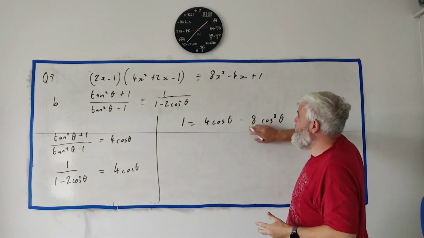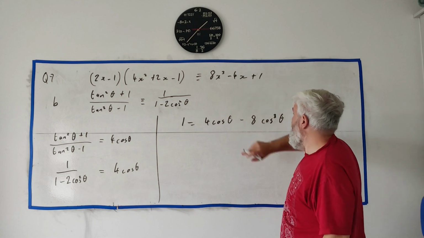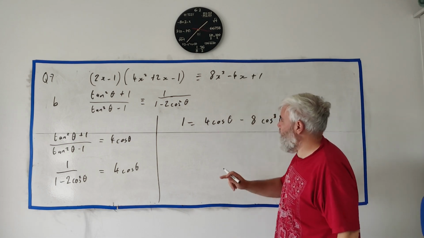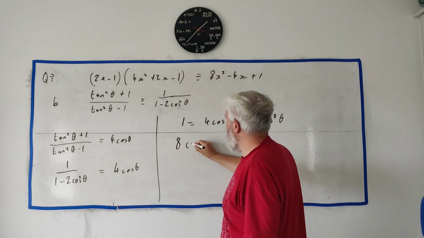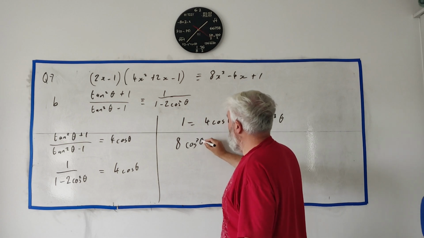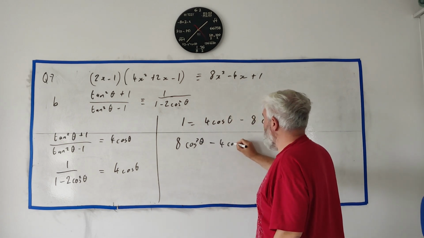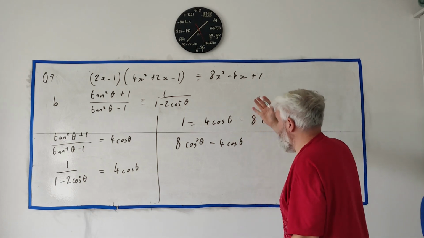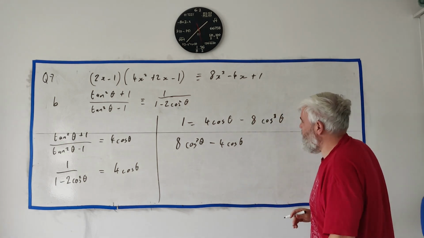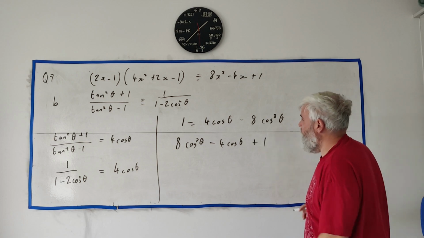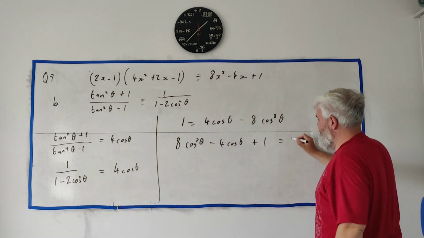Let's try and make this look like this here. Let's move everybody over to the left side. We would get 8 cosine cubed minus 4 cosine, just cosine with no cube at all, plus 1, and this is all equal to 0.